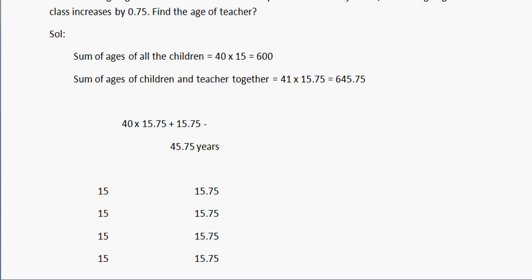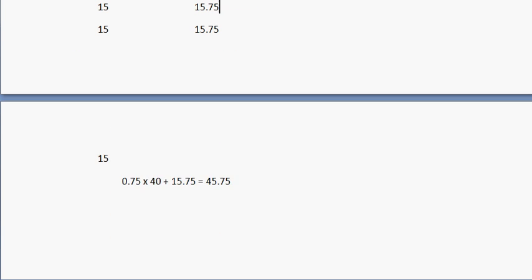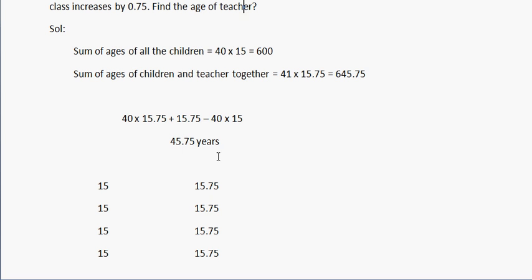Now from this we have to subtract the ages of the children, which is 40 into 15. So we take 40 common from this, and it becomes 40 into 0.75 plus 15.75. So this is how we decrease the load of our calculations, right?